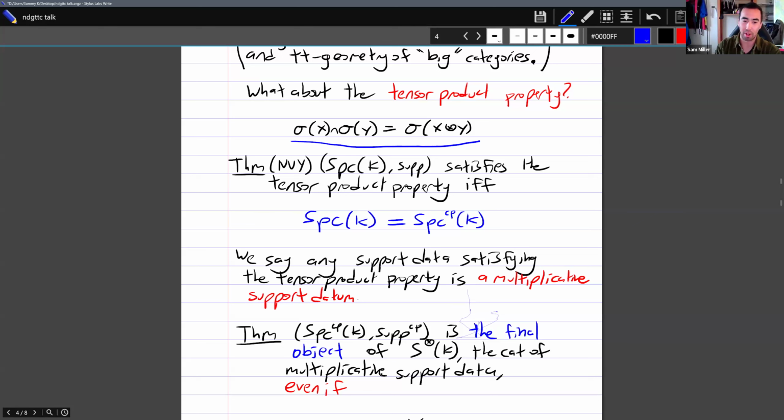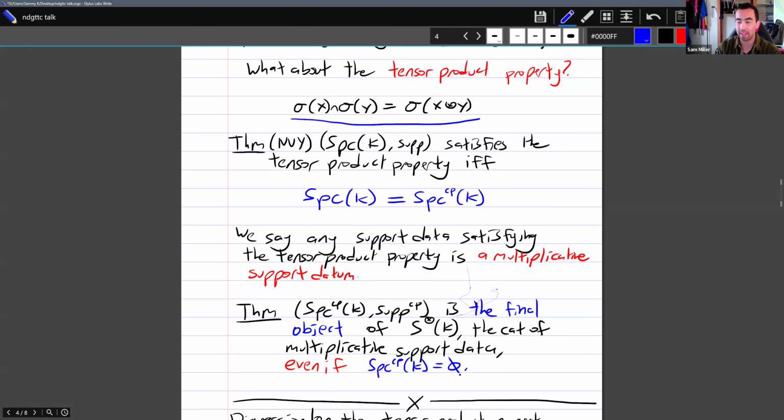This is the category of all multiplicative support data, even if Spec of K is the empty set. And so in particular, if this holds, this tells you that there is no non-empty multiplicative support for your category K. It is about as non-commutative as you can possibly get. And we'll see an example of this later. Now, this is heavily hinted at by Nakanobashi and Yakimov in their paper, but I don't think it's ever formally stated.